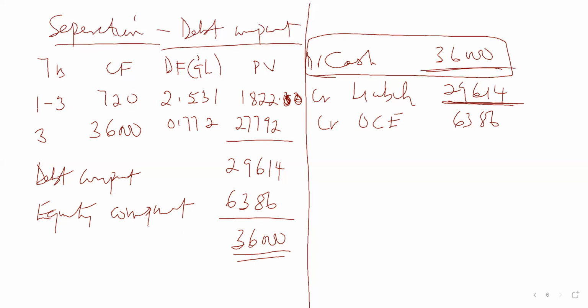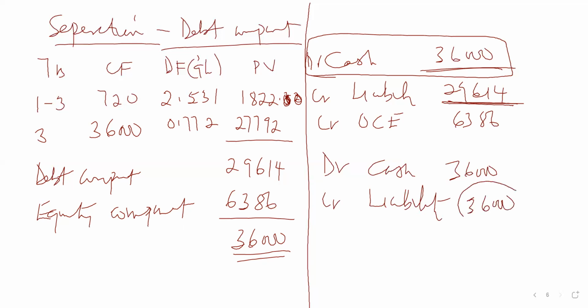The two entries that they have passed were debit cash 36,000 and credit liability 36,000. But in actual sense, this 36,000 should have been shared among liability and equity, other components of equity.